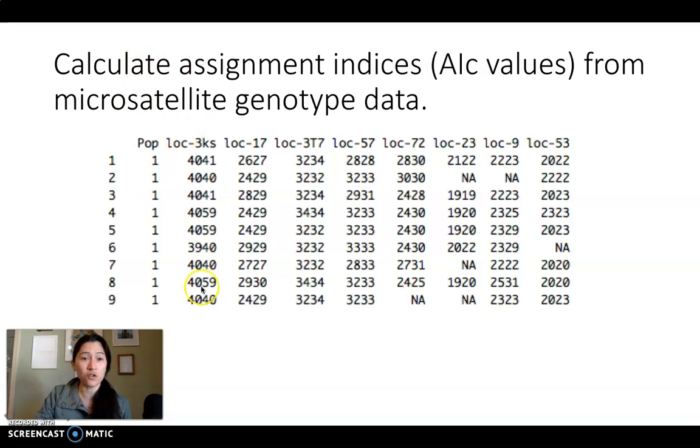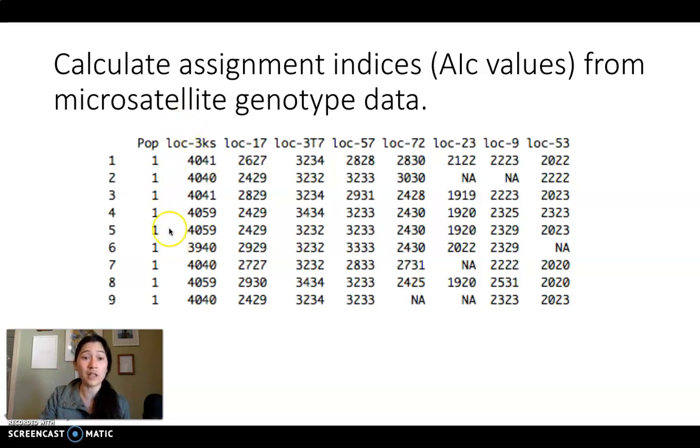So if you look at this first locus, for instance, the first microsatellite column, we can see that allele 40 is relatively common in this population. Allele 41 is common, 59's there a couple times, but allele 39, for instance, this is the only individual that has that allele at that particular locus.